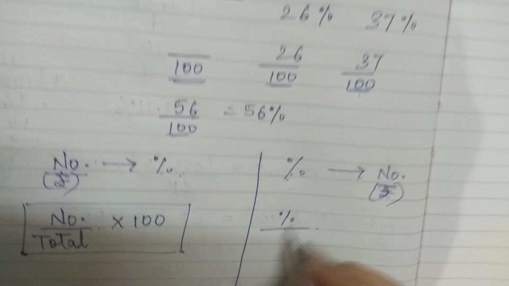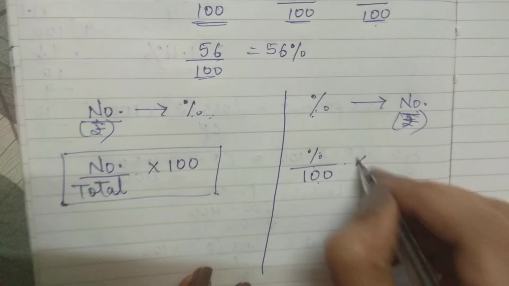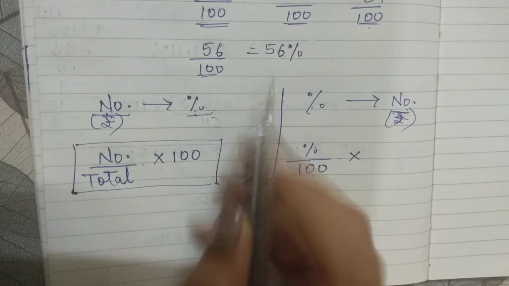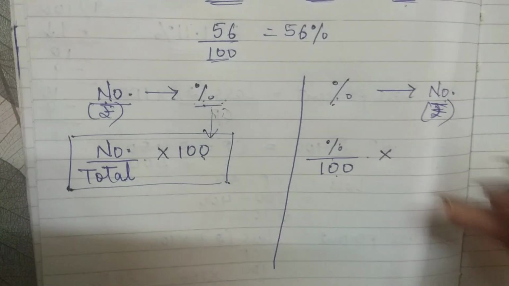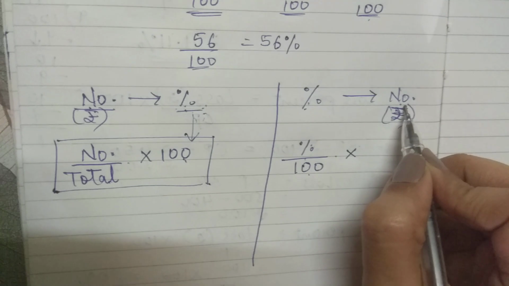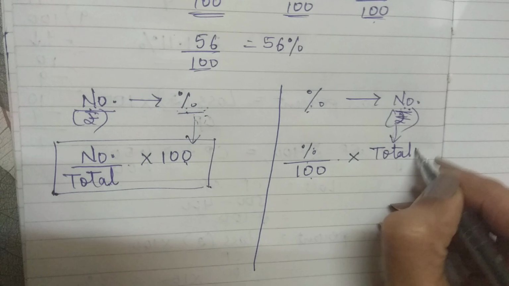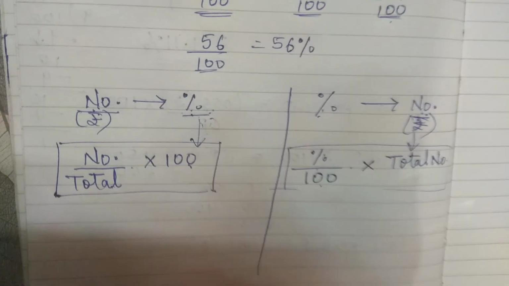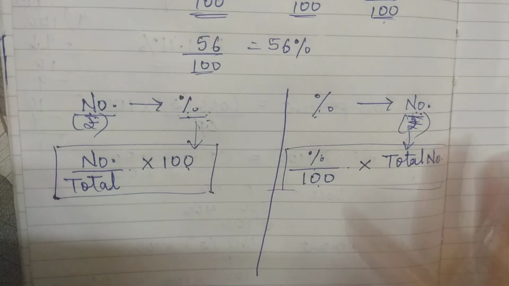As I have explained above, it is 100 always. So percentage upon 100 multiply by. Now here we were converting into percent, so we took total of the percent, that is 100. Here we are converting into number, so here we will take total number. That's how we will get the number. Now this is very confusing. So let's take one example of each.